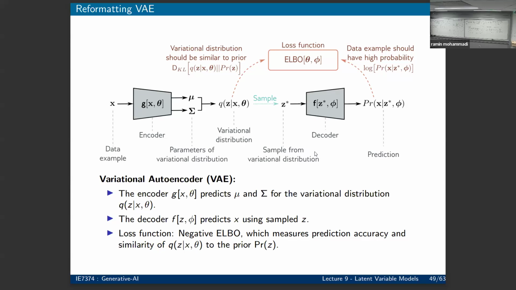Then you have this ELBO loss, which has two parts. The KL divergence between Q and P, depending on which one you use. Here is the third definition. And then also there's the first part, which is the log of probabilities. So you want to maximize that, and you want to minimize the KL. By doing that, ELBO goes up. Okay, so that's the general idea. Now, any question before we continue?